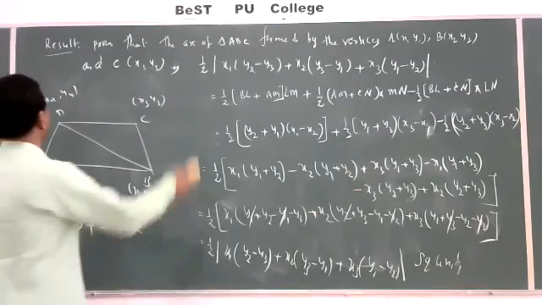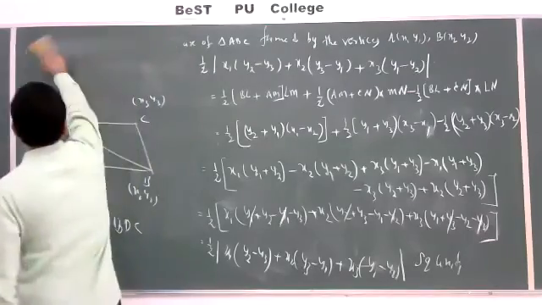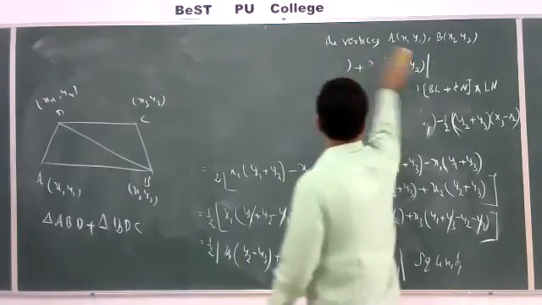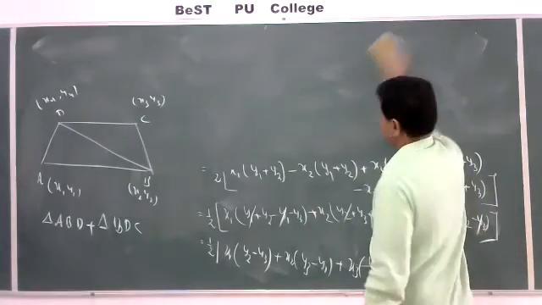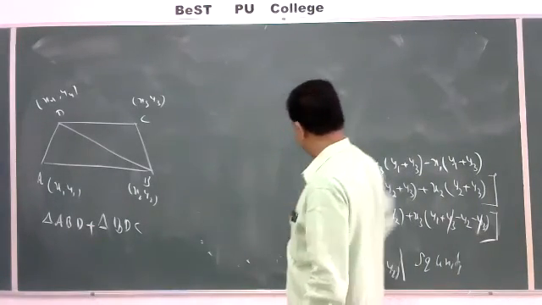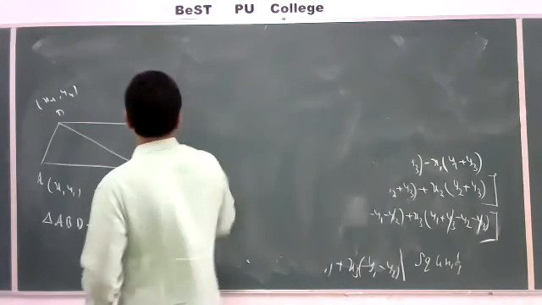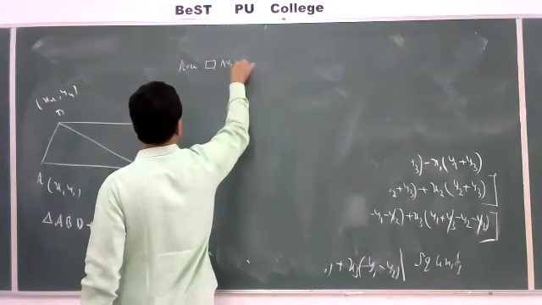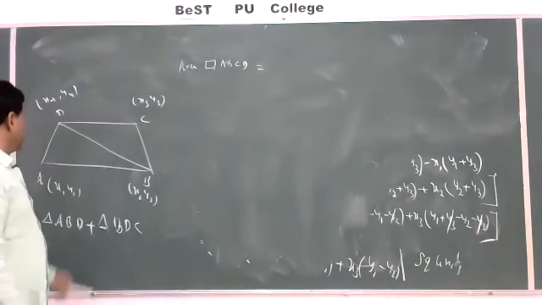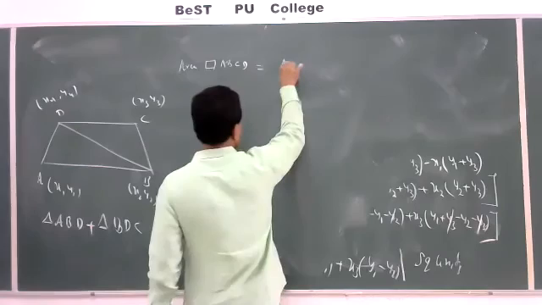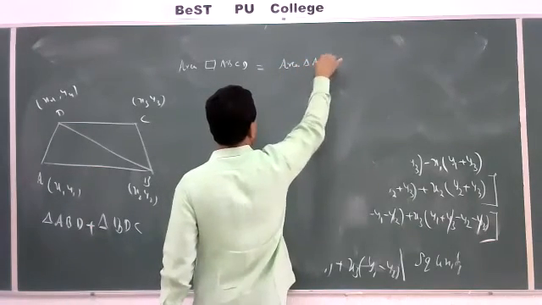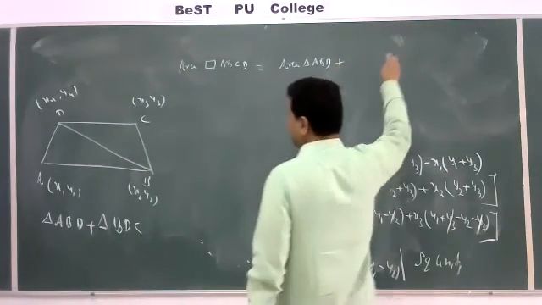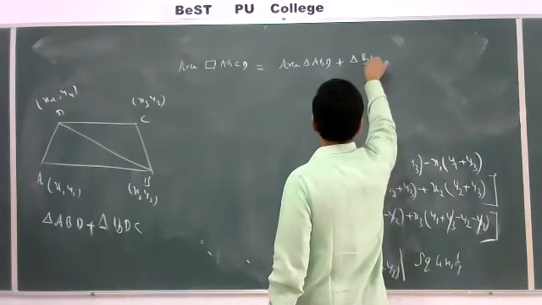Next, note. Area of the quadrilateral ABCD is area of the triangle ABD plus area of the triangle BDC.